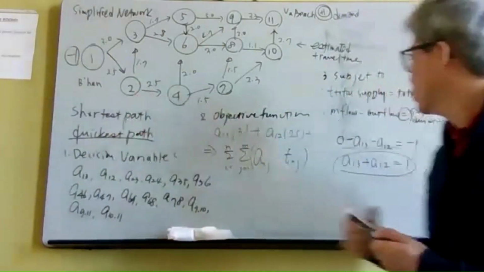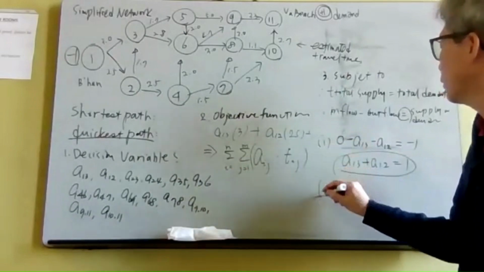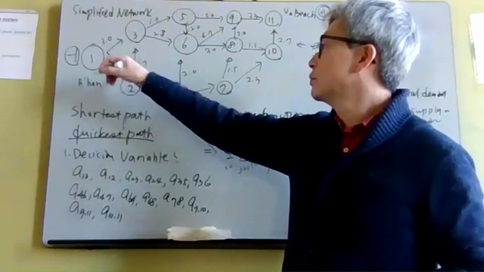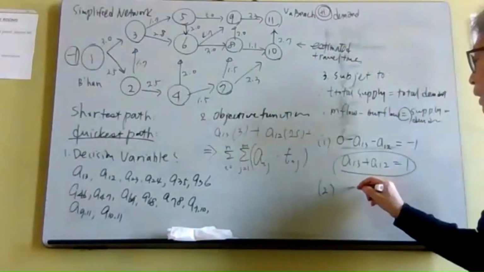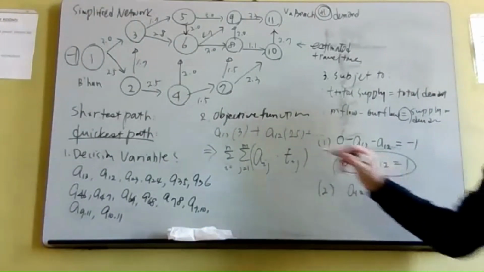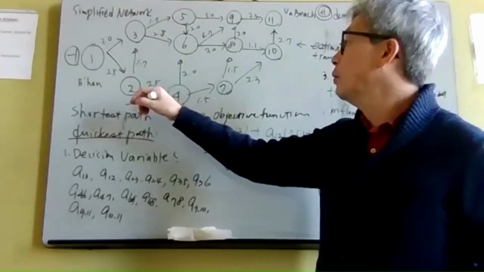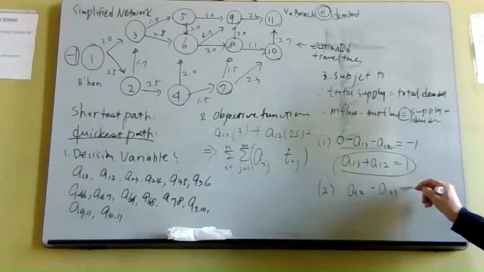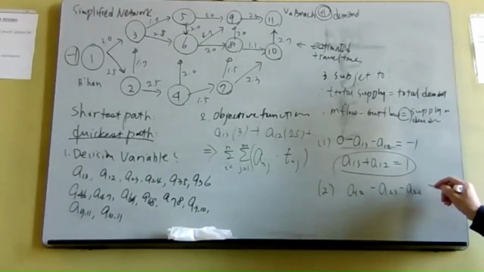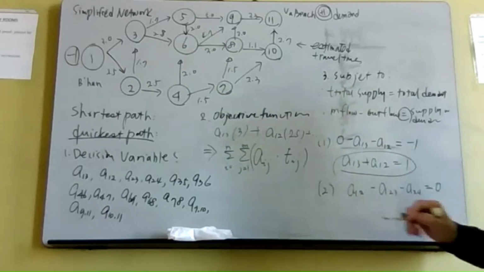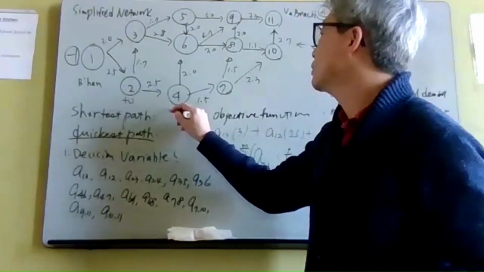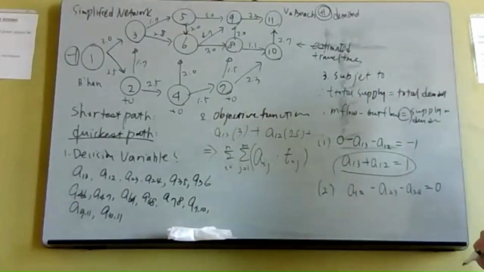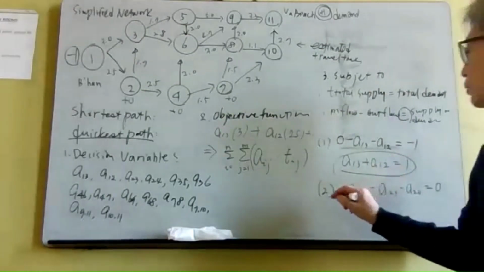So what about node 2? This is about node 1. And what about node 2? There is only one inflow, from node 1 to 2, A12, and then we have two outflows, from 2 to 3 and 2 to 4. So A12 minus A23 minus A24 should be equal to 0, because you have demand 0 for all other nodes in this case. What about node 3?